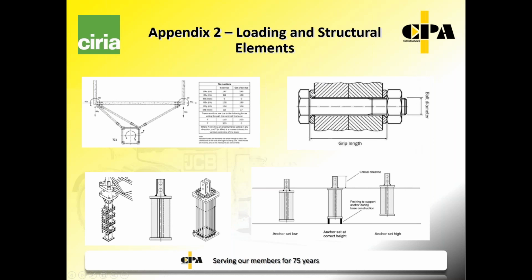The point of this little diagram of a bolt here is making sure that you have enough grip length in ratio to the diameter to ensure that when torque controlled bolts are done up, if there is any settlement, you don't end up losing the preload in the bolt, which would make it far more susceptible to fatigue.